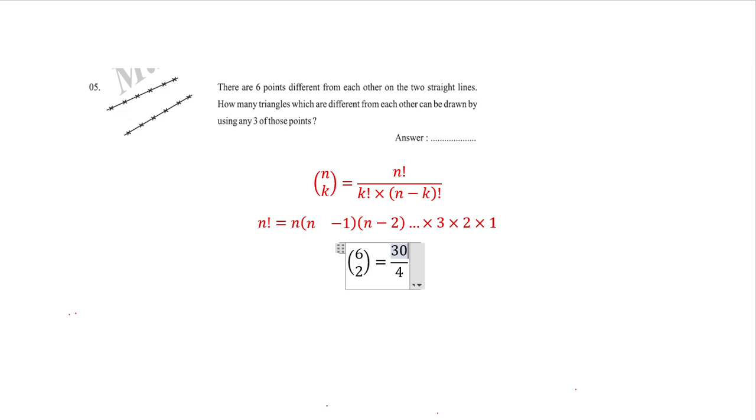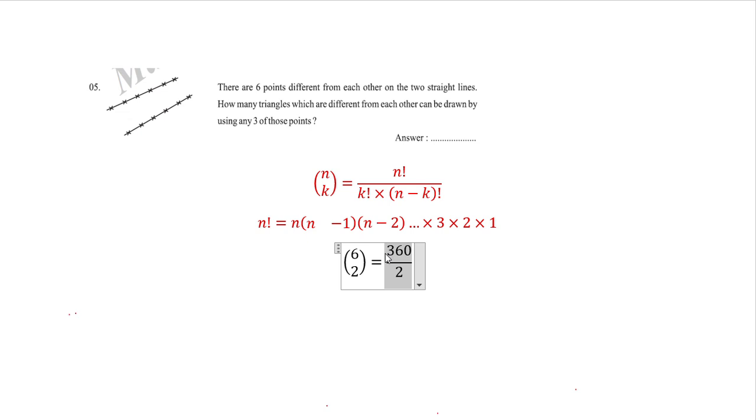Wait, I think we got the calculation wrong at a point. Let's just review the part very carefully. So first we can cancel out a 2 right here. And here what we will have is 360. That's the point I did wrong. So here, if we take the 24, we can divide this first by 12, so we'll have 2.